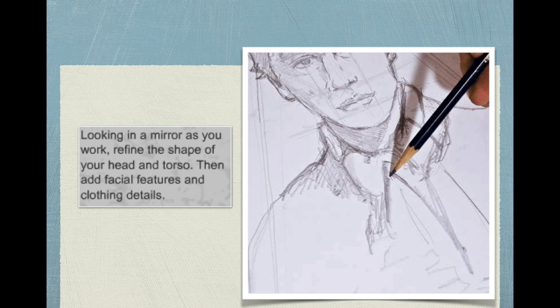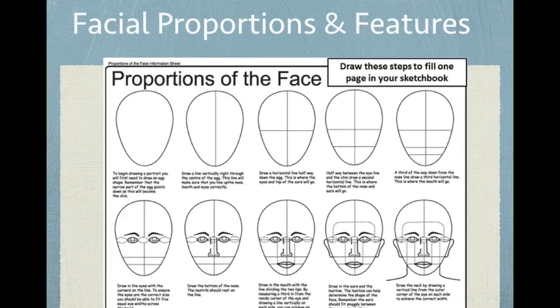Looking at a mirror as you work, refine the shape of your head and torso. So you want to actually look at yourself and what your unique shape is. Then add facial features. That's a lot of steps right there. We're going to break it down a little bit more. So refer back to your facial features as you go.